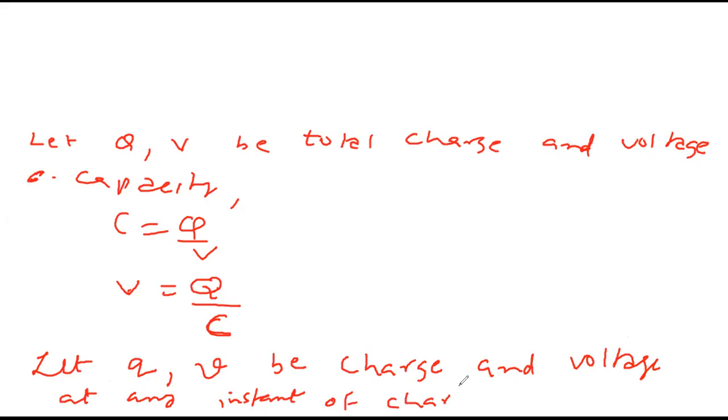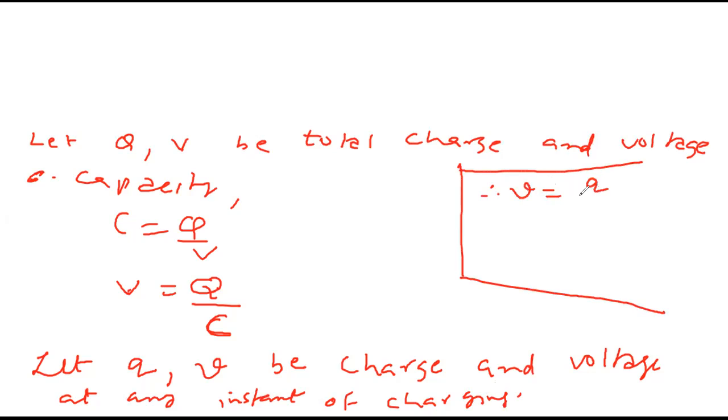That means we assume the total charge we can give is capital Q, total voltage capital V. So C becomes Q upon V, V is Q by C. But we are saying there is charge in between, and if you bring extra, energy will be stored. So if these are the charge and voltage at any instant, I can say small v is small q upon C. C is constant.